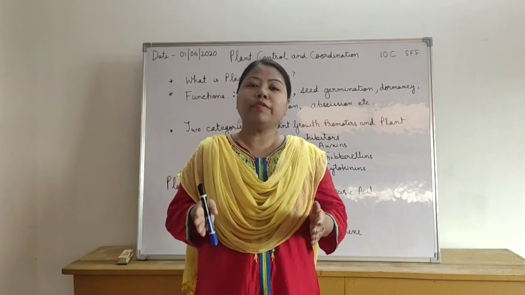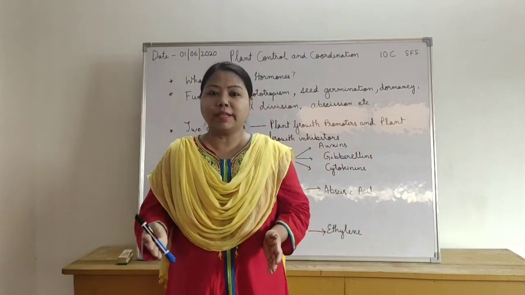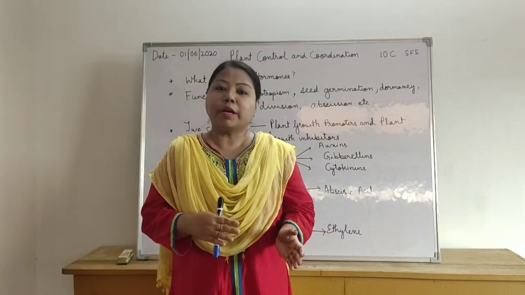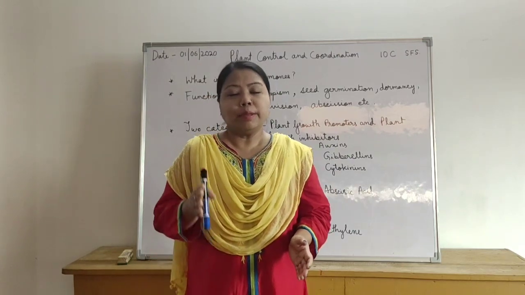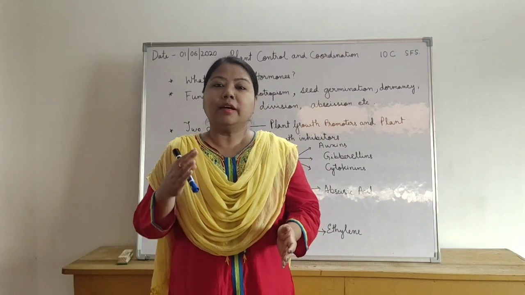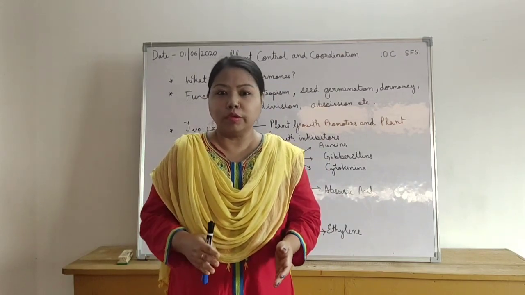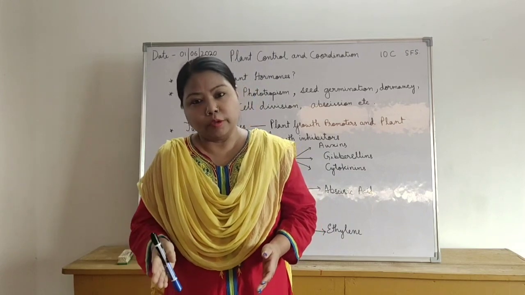So with the help of these hormones, which are chemical substances, information is transmitted from one part of the body to another. Similarly, plants also produce some chemicals which are called hormones or phytohormones.